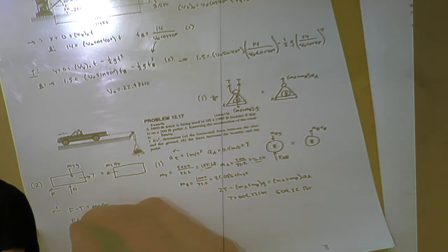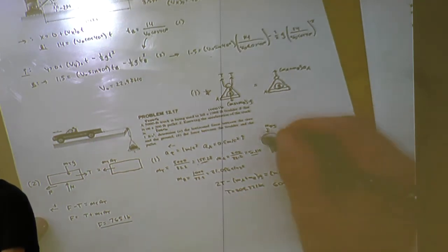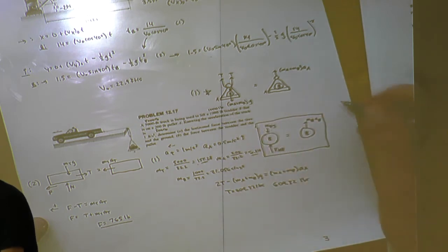And solving for the force, we have T plus MT AT. So these are both given. The T we just solved for. So you plug that in and you get that F is 765 pounds. And this right here is going to be for part B.